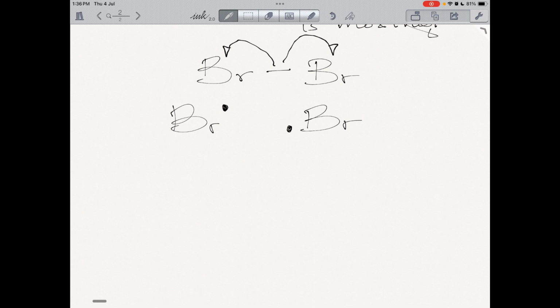So the bond is broken. The single covalent bond that holds one bromine atom with the other is no longer in existence. This kind of movement of electrons leads to what you call homolytic cleavage.